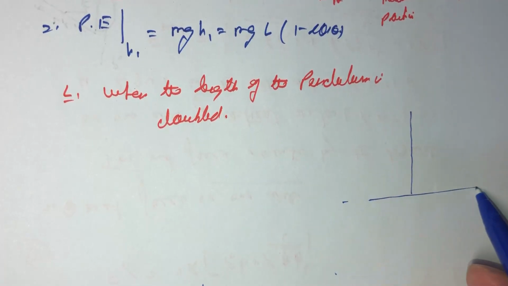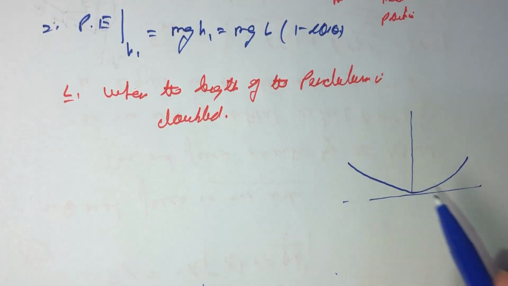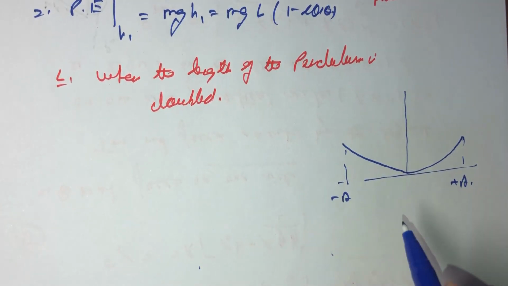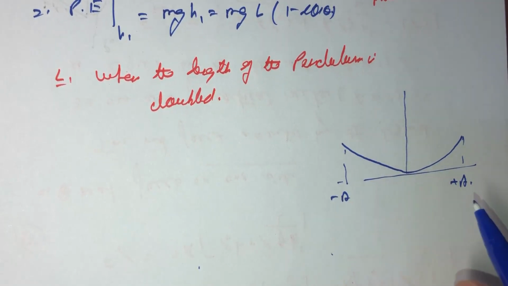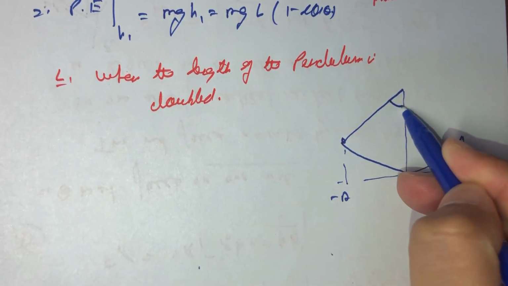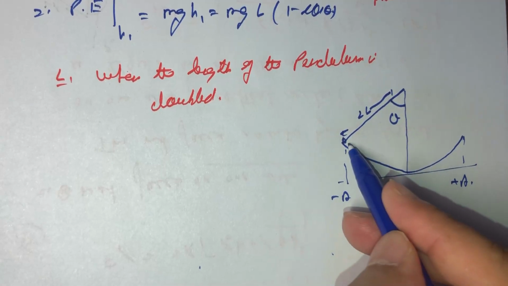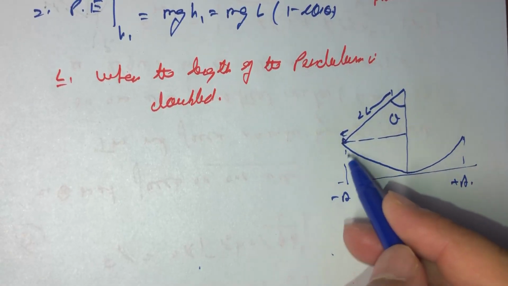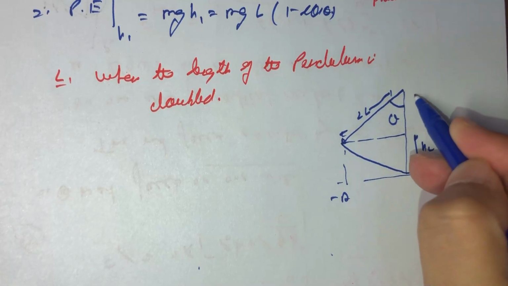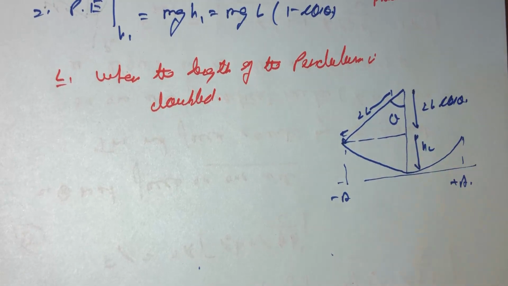This is the mean position, and in this case it always goes from minus A to plus A. The same amplitude is there. So this is the position, and this will be angle theta once again. Now the length is 2L, and we assume the height through which the pendulum rises above the mean position is h2, and this will be 2L cos theta.